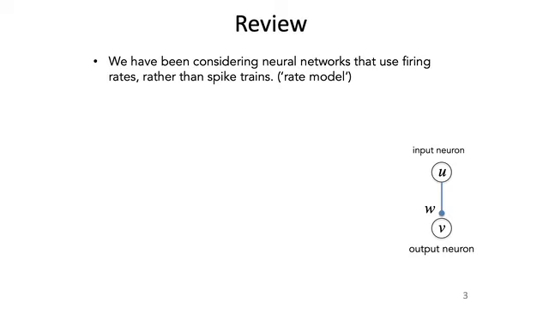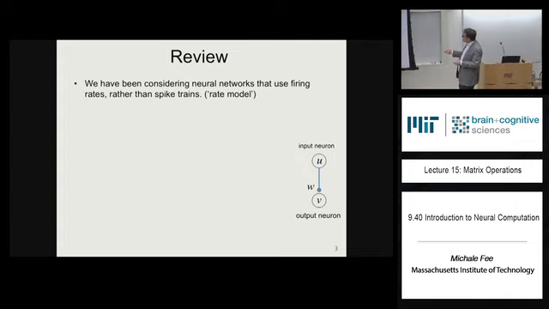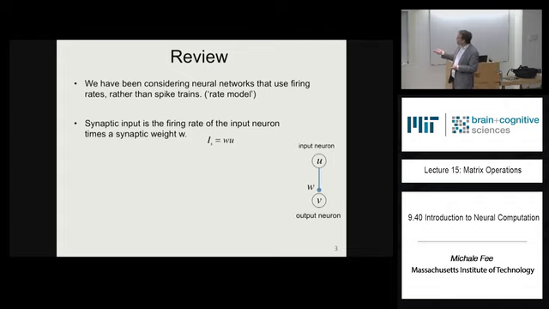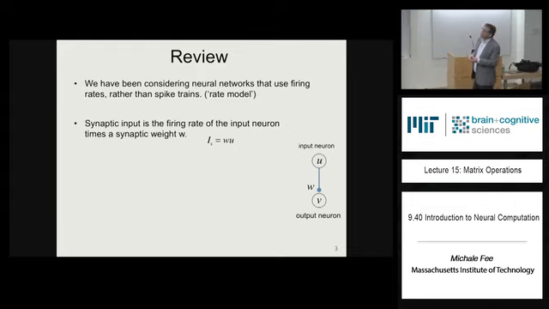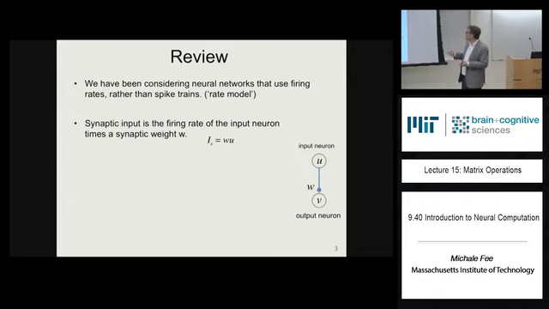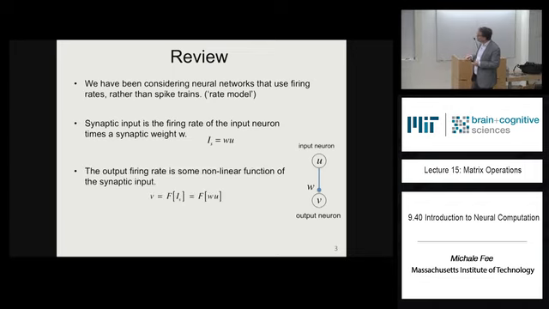So we introduced the idea that we have an output neuron with firing rate V that receives input from an input neuron that has firing rate U. The input neuron synapses onto the output neuron with a synapse of weight W. And we described how we can think of the input neuron producing a synaptic input into the output neuron that has a magnitude of the firing rate times the strength of the synaptic connection. So the input to the output neuron here is W times U.